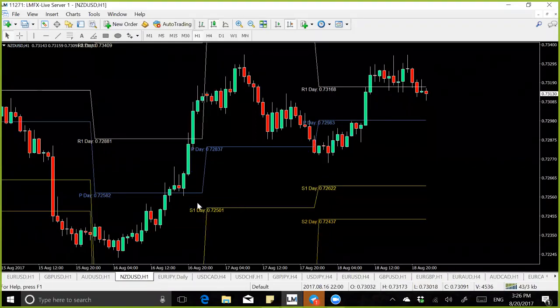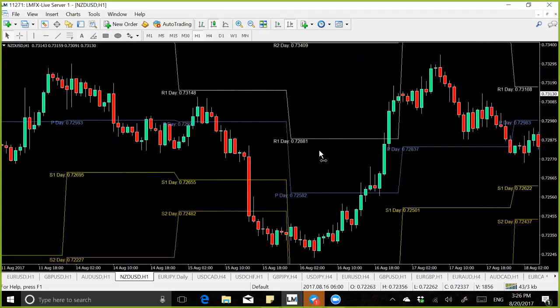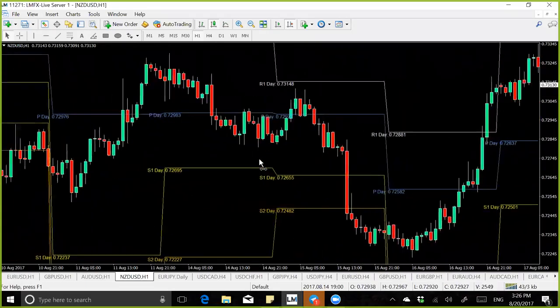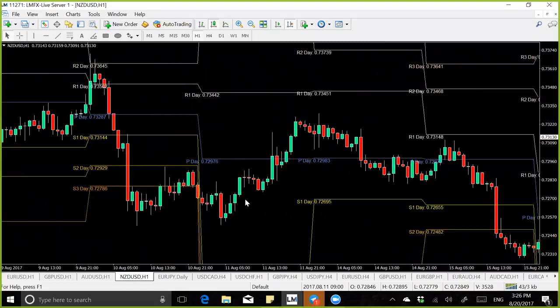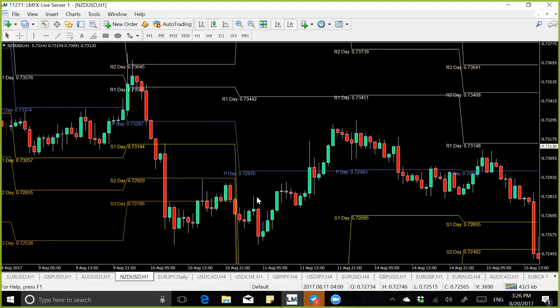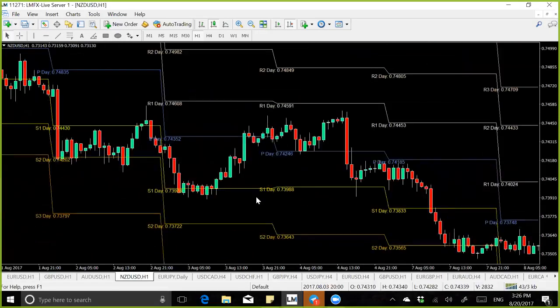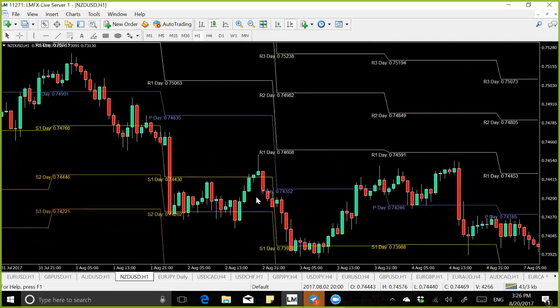Let's check on NU. Now see here, if this body was red, this would have been a perfect exhaustion for us to sell, but it's not. Let's look for another exhaustion candle. Same thing here.